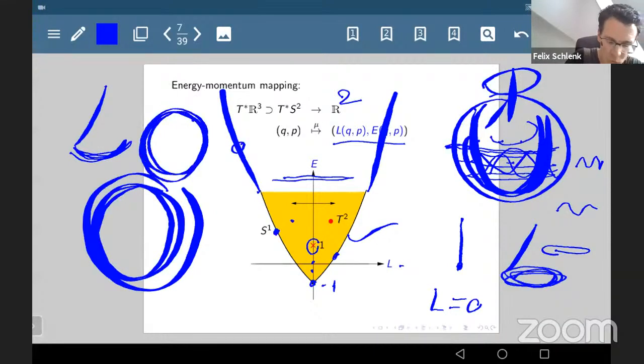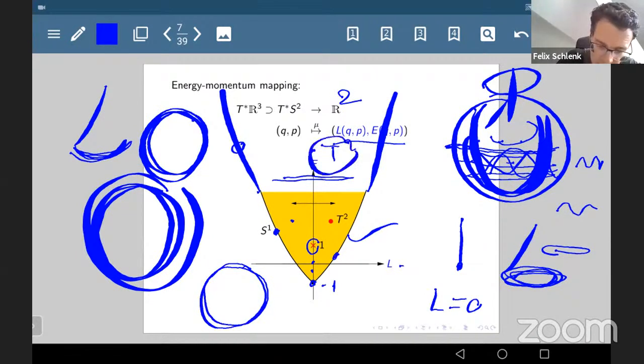It doesn't go uniformly around. It goes here faster, slower, faster, slower. So this is an S1, but you can turn it again. So you get up here, you also get a T2, right? But this T2 is quite different from this T2. This up here is such a motion, and this down here is such a motion, right?